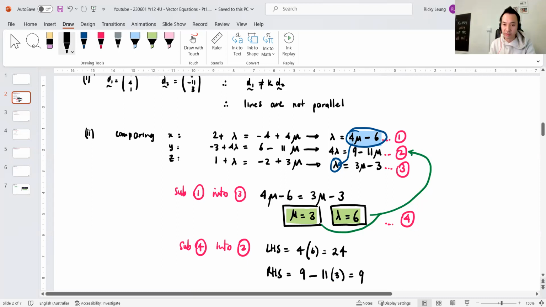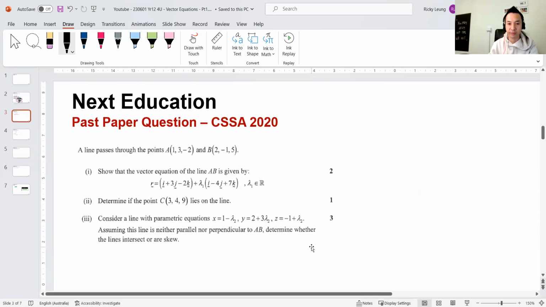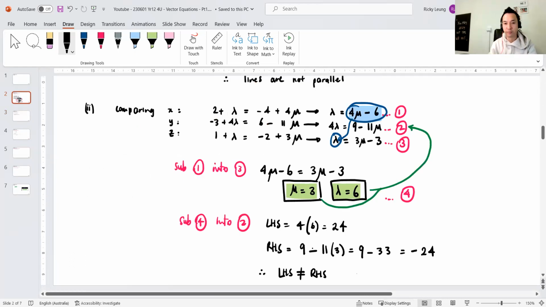What's that? 9 minus 33. That's negative 24, is it? Okay, that doesn't equal. So therefore, left-hand side does not equal right-hand side. Therefore, skew lines.